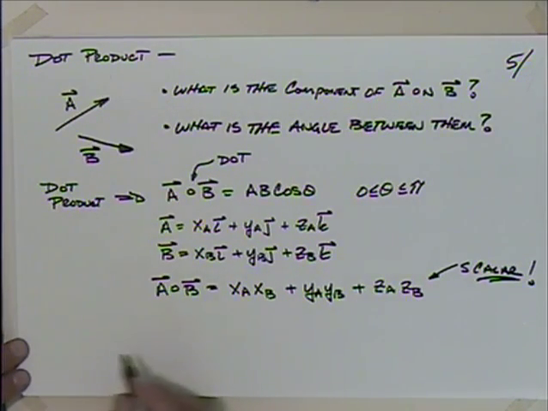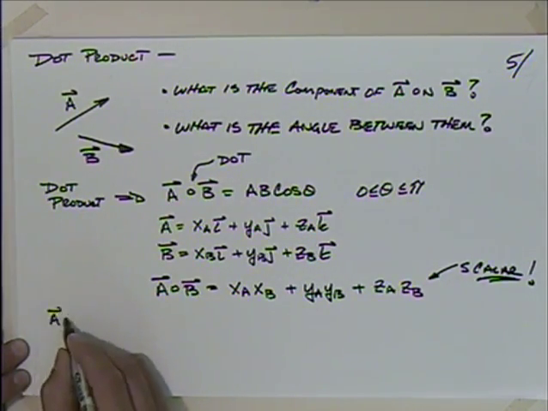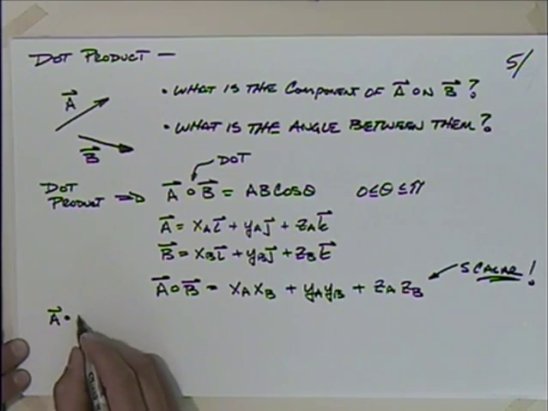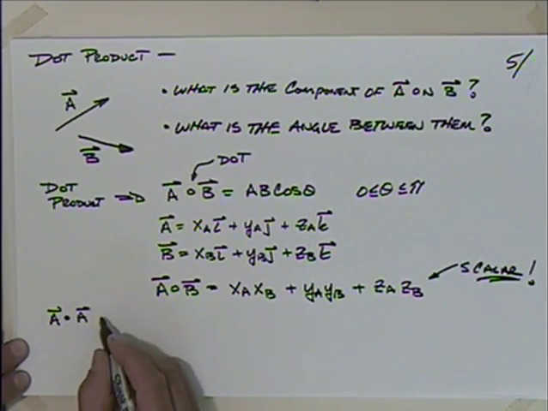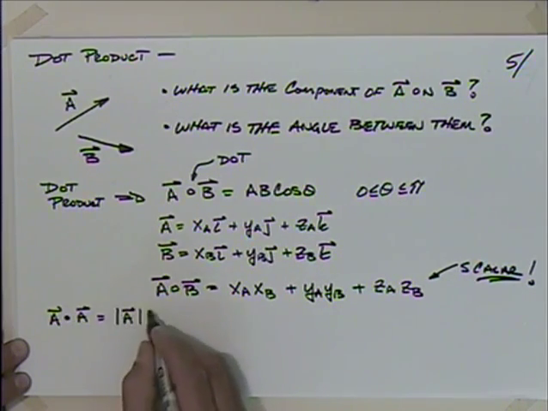Well, there are some rules for doing this. Maybe we should jot some of these down. What is A dotted with A? When you dot something with itself, it really just turns out to be the magnitude of that vector squared.